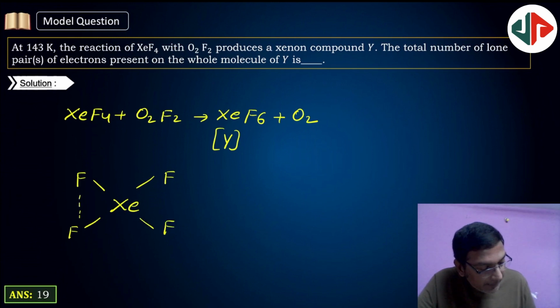So this will be distorted octahedral. Fluorine, and here one lone pair will be there.